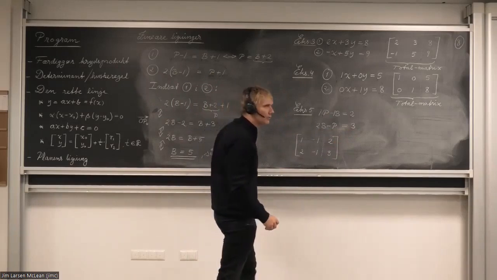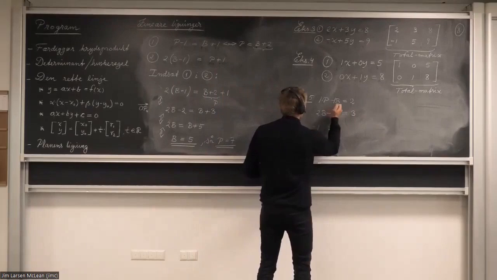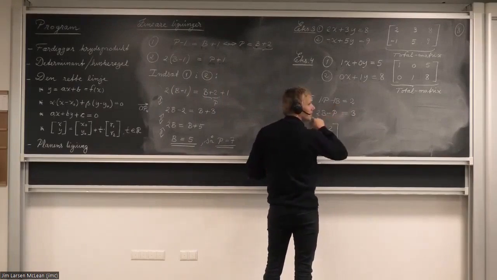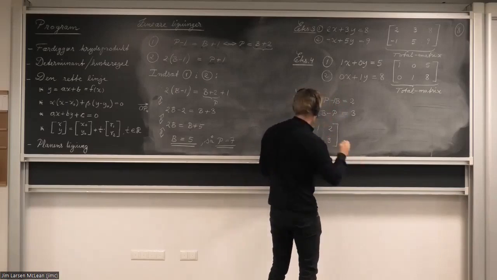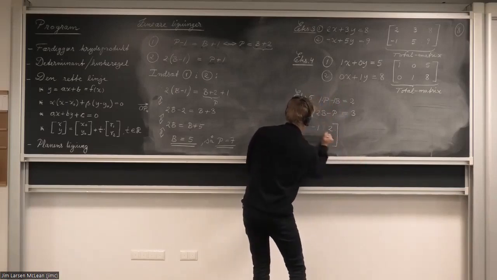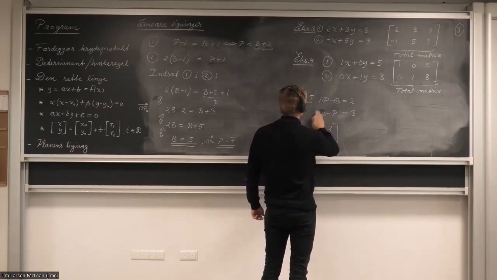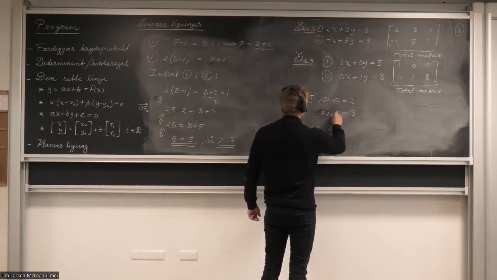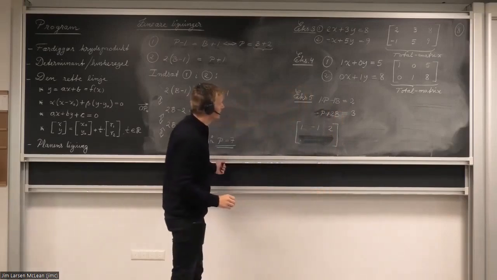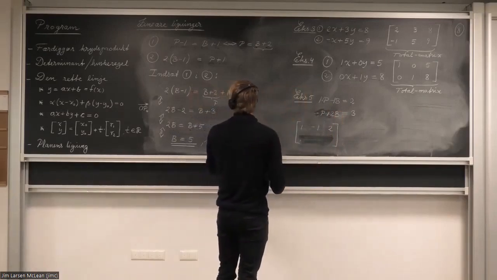Oh, yeah, you're right. Sorry. I should write the p's under the p's and the b's under the b's. That's completely right, what you're saying. So it should say minus p plus 2b and 3.